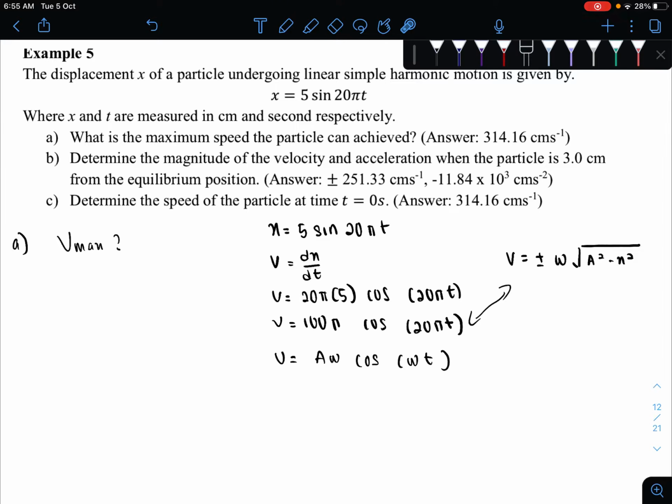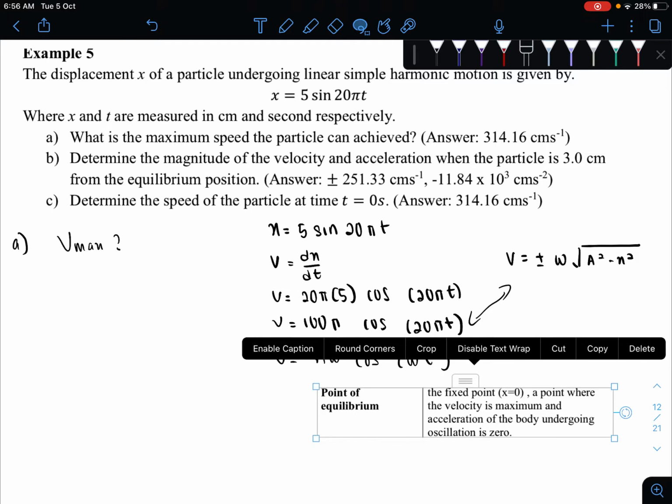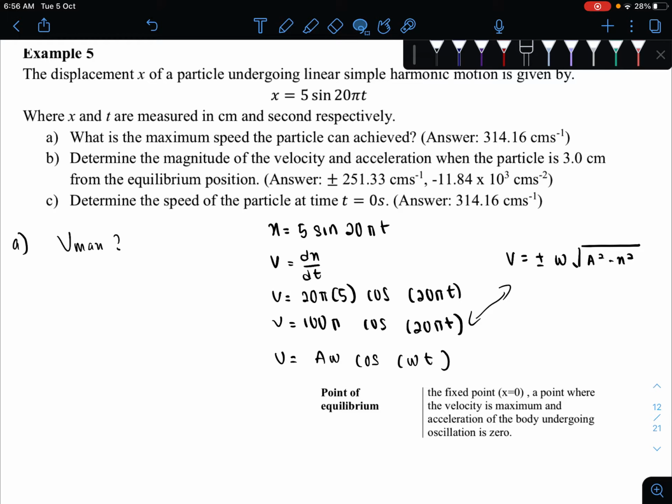And then x, you have to know the displacement at maximum speed so that you can find the speed. However, based on our understanding given in the terminology earlier, the fixed point x equals 0 is a point where the velocity is a maximum. So your velocity is maximum when your x is equals to 0.